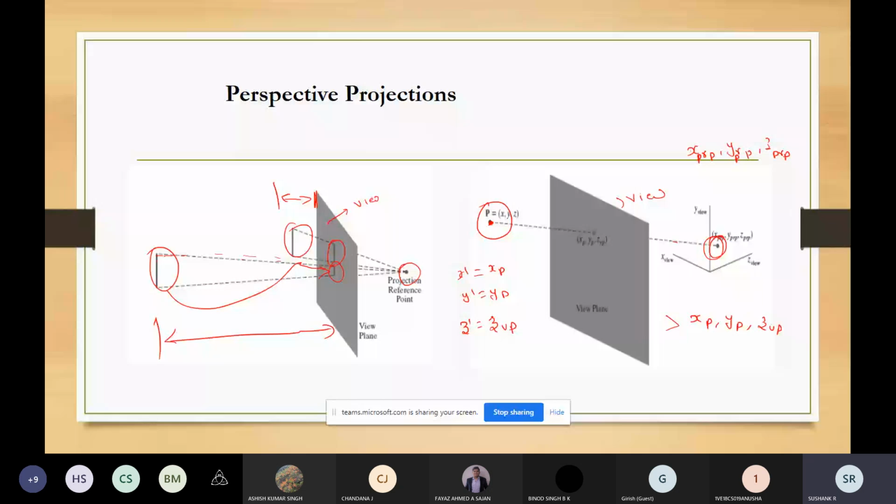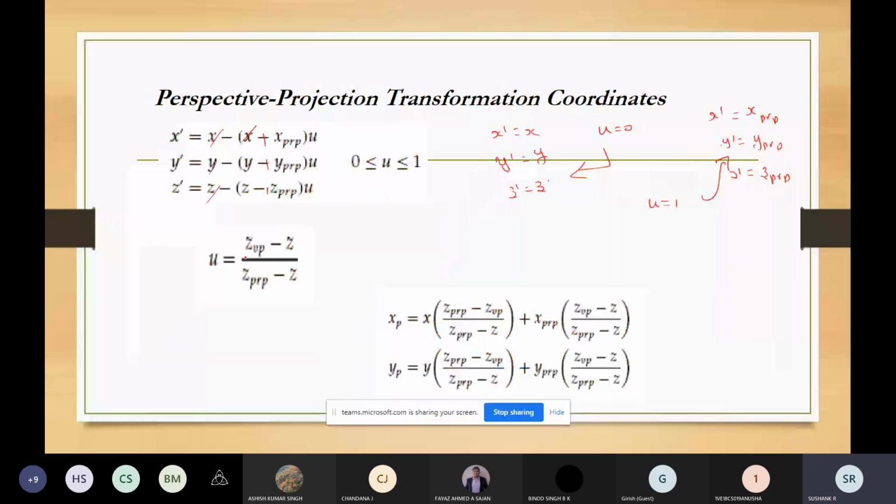Once that is done, you can solve the z dash equation for the parameter u at this position along the projection line, which is given by u is equal to zvp minus z divided by zprp minus z.